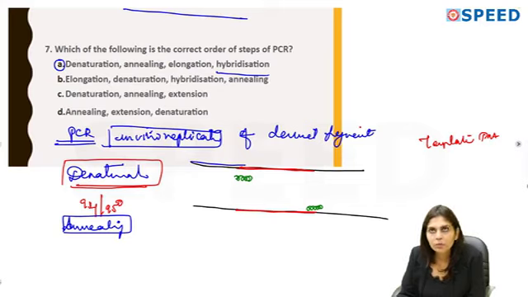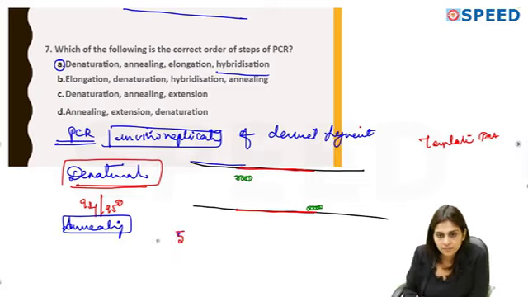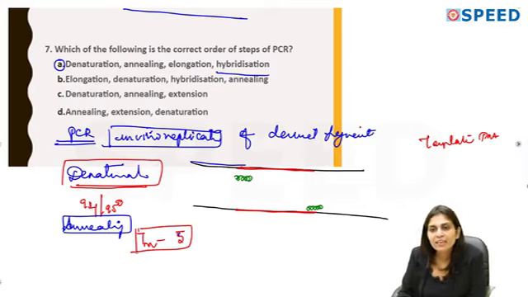You cannot just say, okay, I'll fix it as 48 to 53, or I'll fix it as 53 to 58. It's not a random number. Annealing temperature is chosen as 5 degrees less than the melting temperature of your primers.